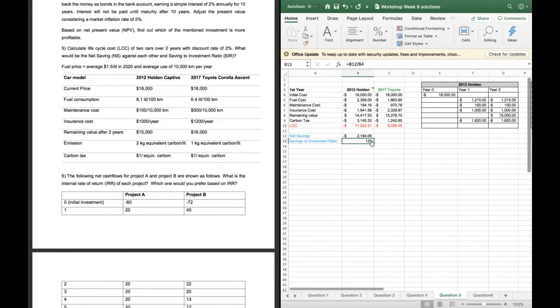The saving of the Holden would be 15,000 over the initial investment, which was 18,000, and then we'll have another SIR for the Toyota, which is the saving of, I think it was 15,000 as well, or 10,000, over the initial investment, which is 18,000. It would be a dimensionless value. It wouldn't be a percentage, according to the lecture slide.